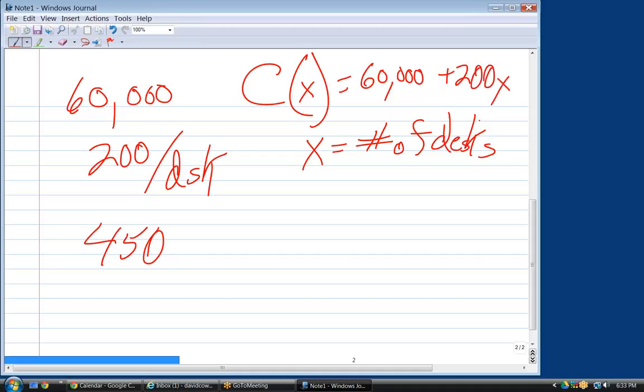And then next it probably wants to know our revenue function and then our profit function. Or the break-even point. Okay, well, the revenue function is what? This is our cost. This is our revenue.